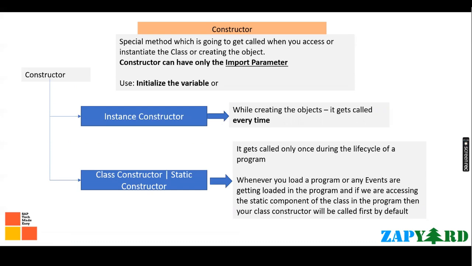The class constructor has some rules. The class constructor gets called only once during the lifetime of a program. And if you access a static component of a class, then while loading the program or while loading the subroutine, first the class constructor gets called, the very first time only.